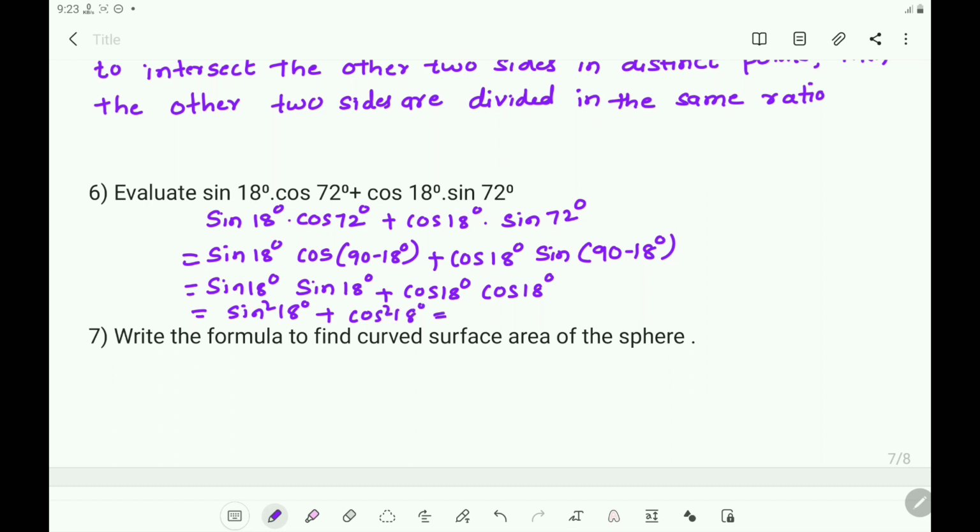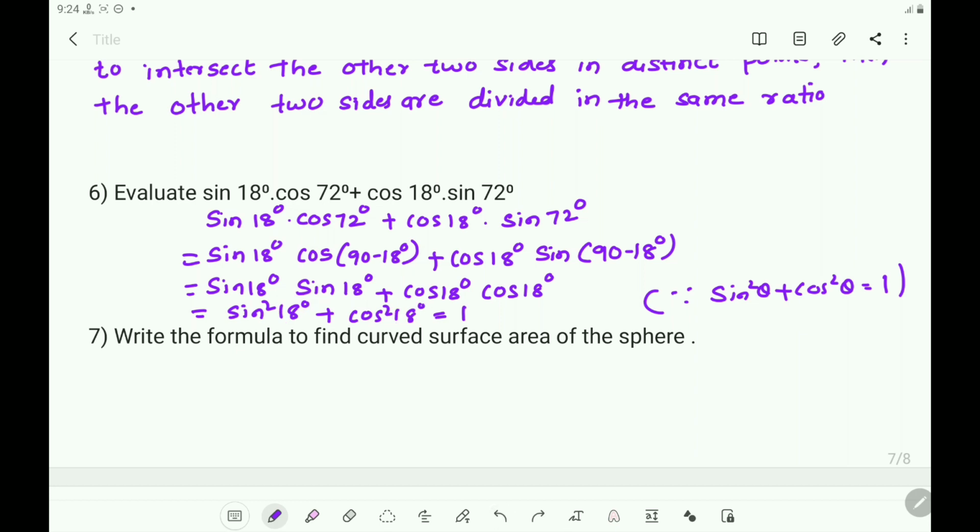And you know that sine square theta plus cos square theta is 1. Here sine square 18 degree plus cos square 18 degree is also 1, because sine square theta plus cos square theta is equal to 1. That is the reason why I have taken here sine square 18 plus cos square 18. Here they are the same angle, 18 degree.